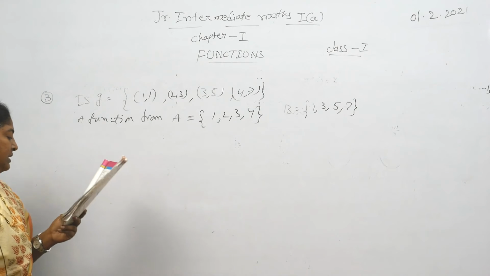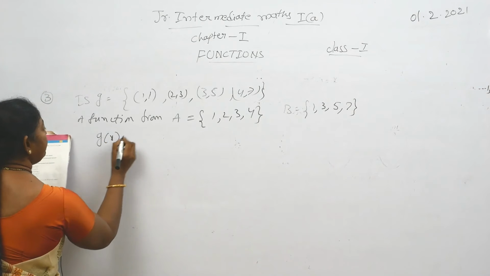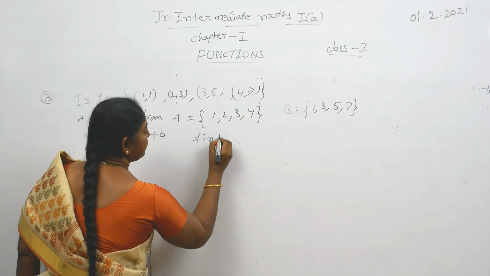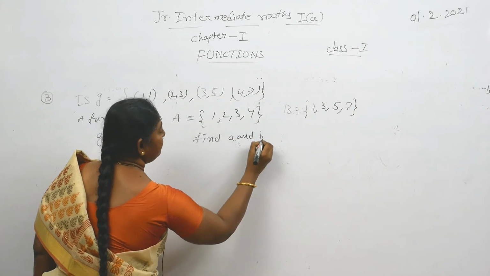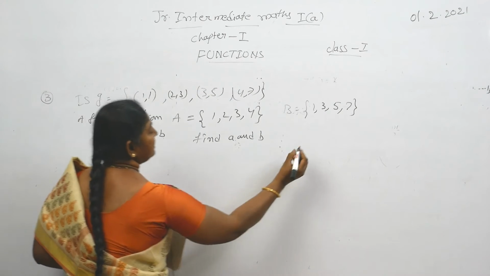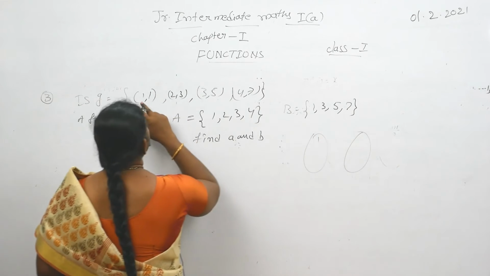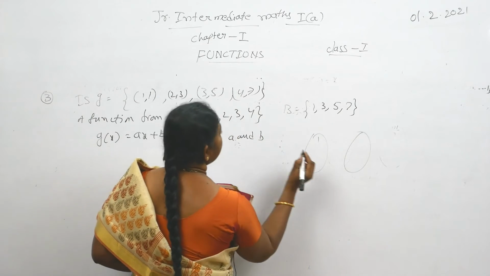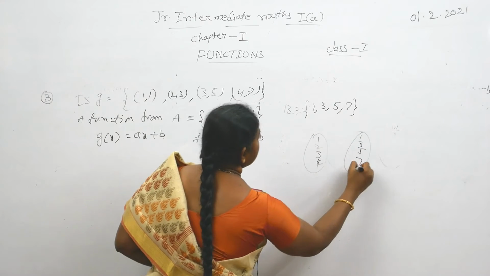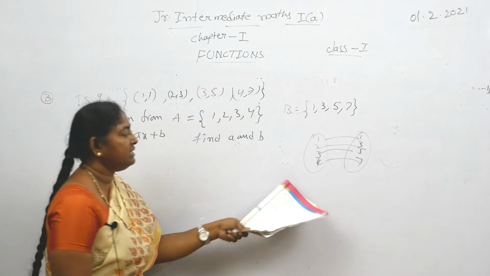If this is given by a formula g of x equal to ax plus b, then find a and b. First we have to check whether this is a function or not. The domain is 1, 2, 3, 4 and the codomain is 1, 3, 5, 7. So 1 to 1, 2 to 3, 3 to 5, 4 to 7. So this is a function.